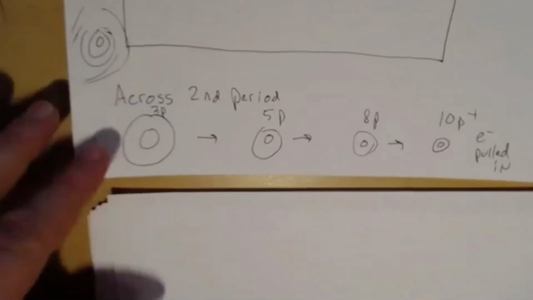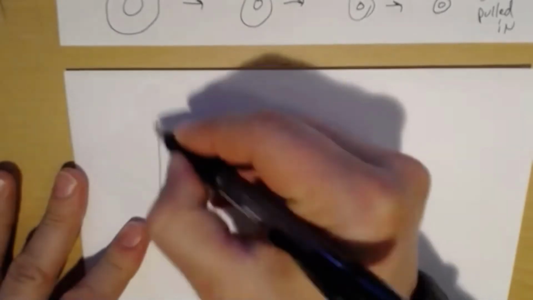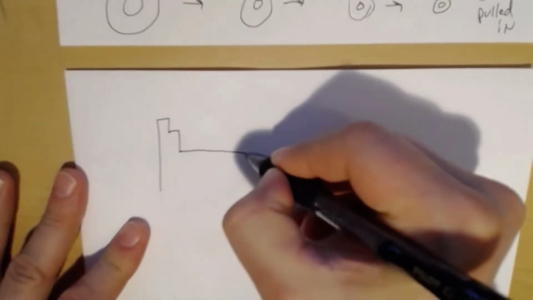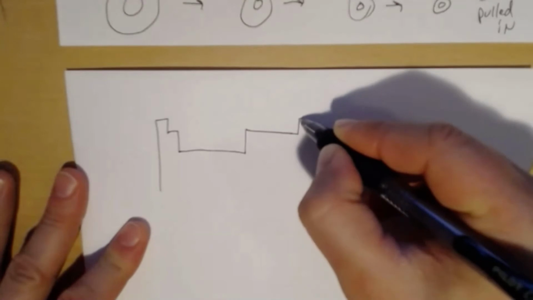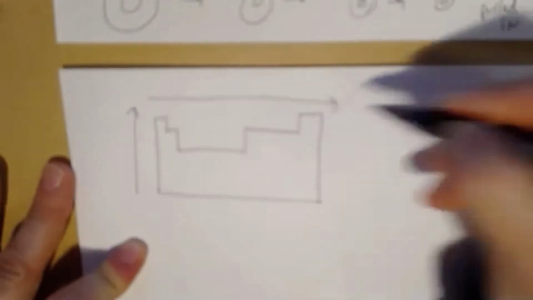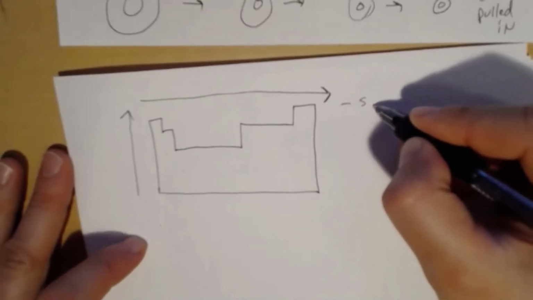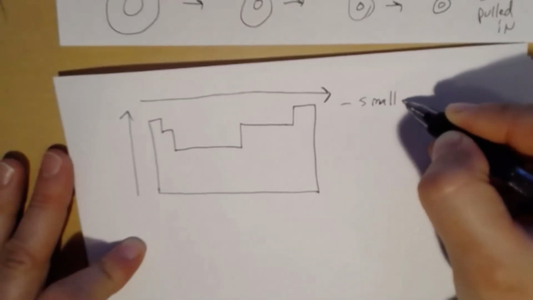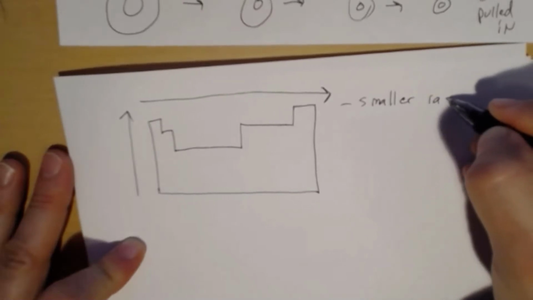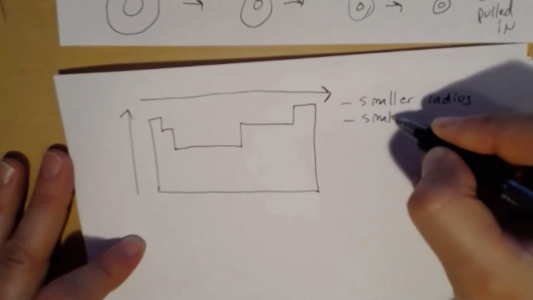Okay. So I'm going to draw a smaller periodic table and talk about the different trends. So as I go up and to the right, atoms will have a smaller radius, which means they'll have a smaller volume.